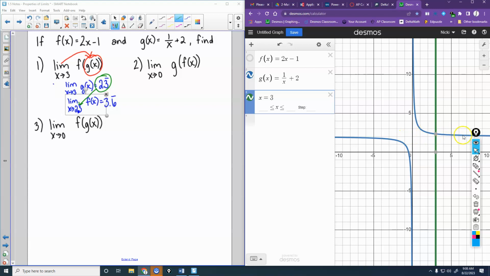They're below. I'm approaching from the top over here, from the bottom over here. So what that means is I should have been doing the limit from both sides on this.